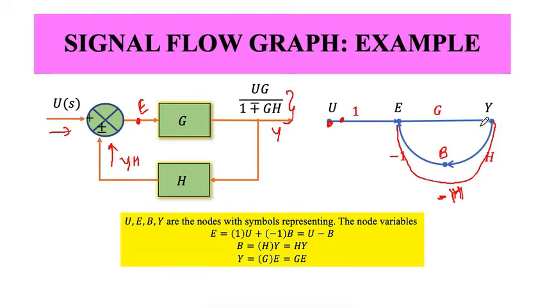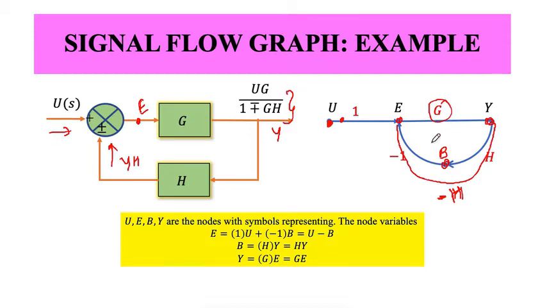So E to this node Y, I have a gain G. So I am having 4 nodes over here, U, E, Y and B. Even I can use direct also, then 3 nodes will be there.